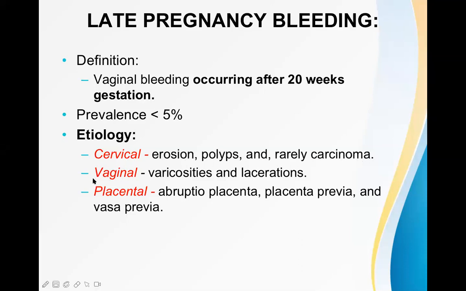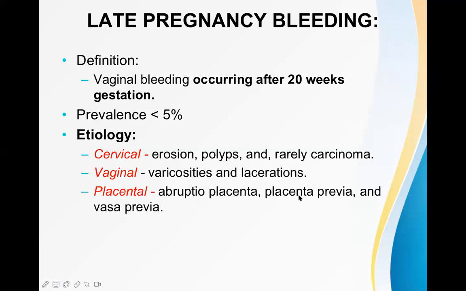Another is vaginal conditions like varicosities and laceration. Varicosities and laceration of the vagina can also cause late pregnancy bleeding, as a complication or feature of pregnancy, or during examination or some surgery. Placental causes, which we are going to talk about in detail in this class, are abruptio placentae, placenta previa, and vasa previa.